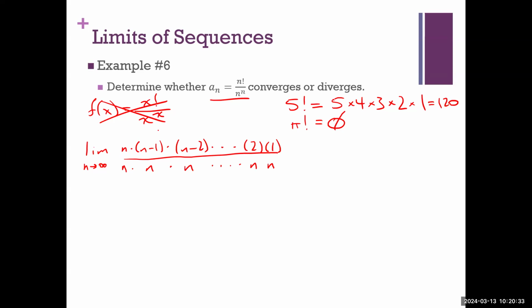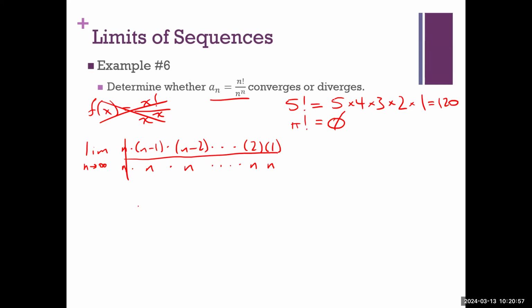Why is the denominator growing faster? All these factors, if I pair these up, the factors in the numerator are going to be less than the factors in the denominator.